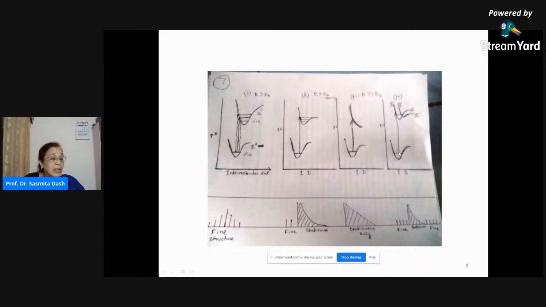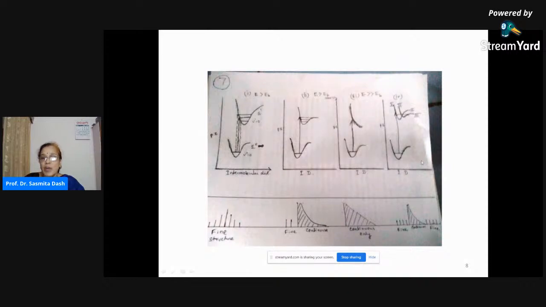So the molecule is raised to a higher electronic state, and from here it intersects, and immediately the molecule in the excited state shifts from the stable 2 to the unstable 3 curve. After this shift, the molecule dissociates to give atoms or radicals.